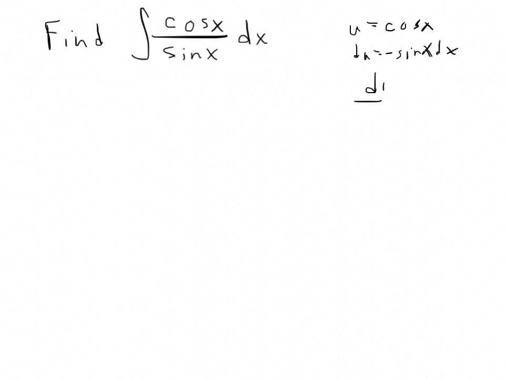You're going to get du over negative sine x equals dx. And do you notice why this doesn't work? I'm not actually going to write down the plugging in, but the reality is if you were to take this dx and put it here, it wouldn't work because you'd have two sine x's on the bottom. They're not going to cancel, right? We can sort of see that this is not going to work.